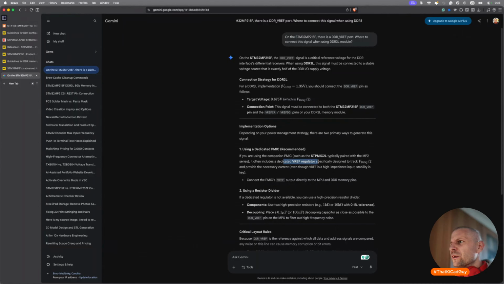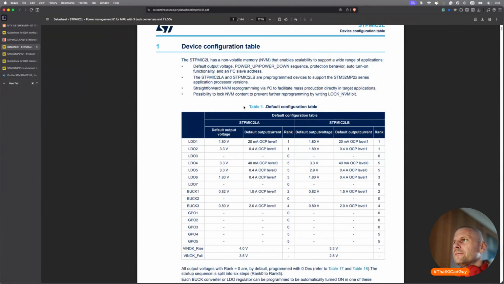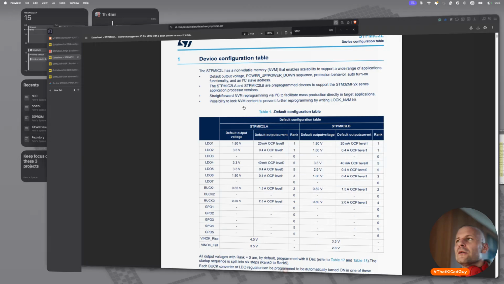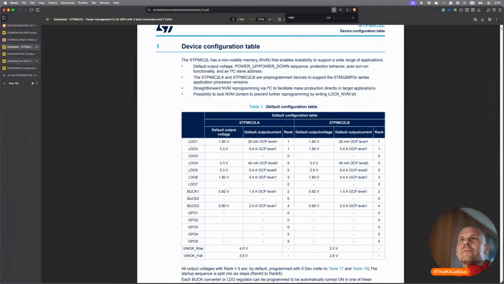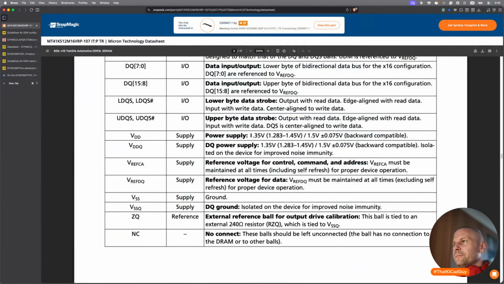No, there is no VREF generator. Or is there? VREF, 0 occurrences. There is no VREF. There are only outputs: DDR2, VDD2 DDR, and VDD1 DDR. This must be 135, and this most likely 135 again, because the memory datasheet says it.